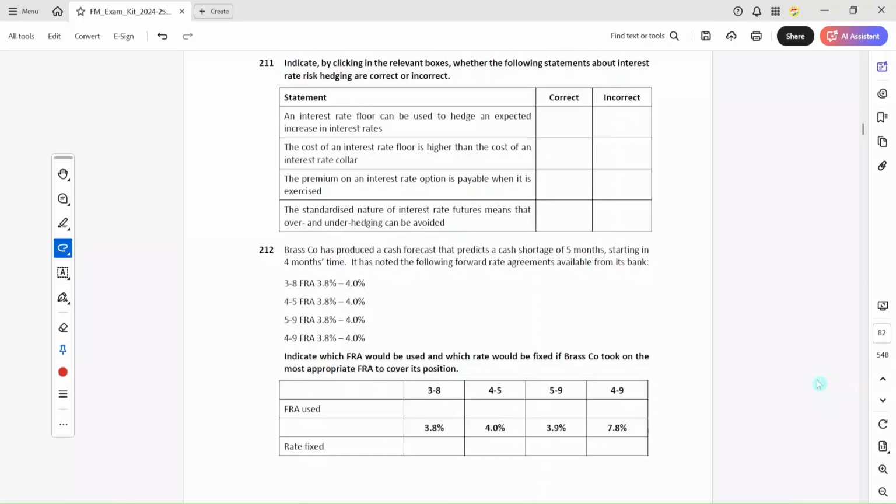Okay, next question: indicate by clicking in the relevant boxes whether the following statement about interest rate risk hedging is correct or incorrect. An interest rate floor can be used to hedge an expected increase in interest rate.